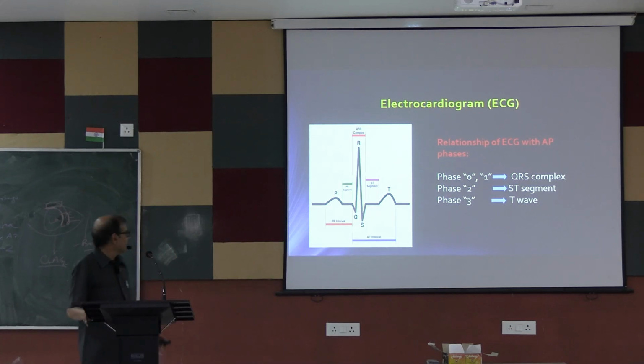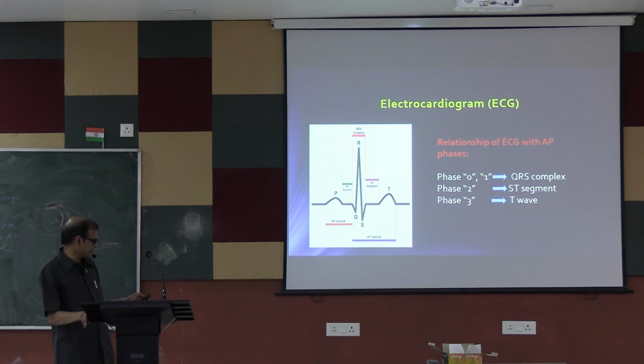And in phase 3, calcium channels close but delayed rectifier potassium channels open. So phase 0 to 1 is QRS, 2 is ST segment, phase 3 is T wave.